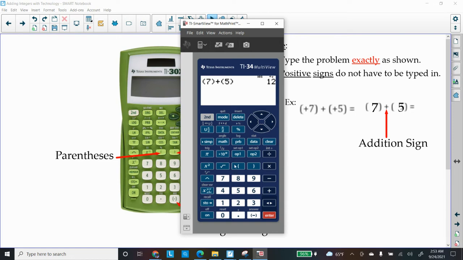So if you happen to make the mistake of trying to type in all of those positive signs, or should I say plus signs with the positive sign symbol, the calculator does not have a positive button. So you're going to get what's called a syntax error message because it doesn't understand what all these plus signs are doing in there.